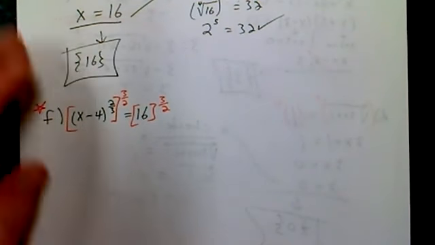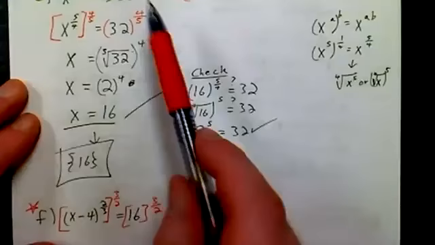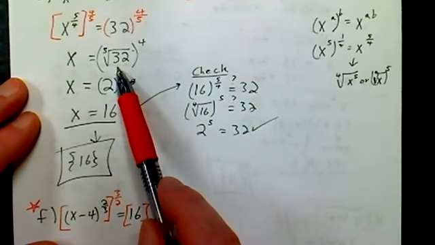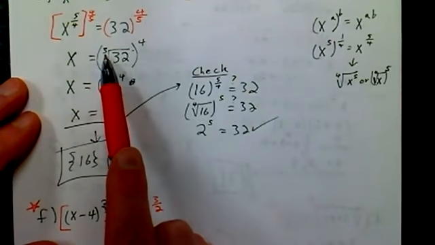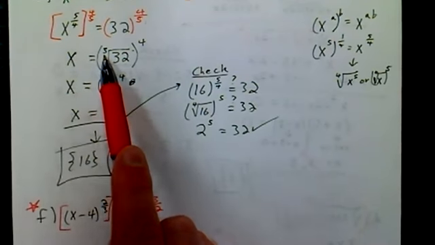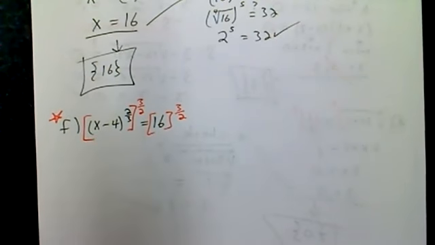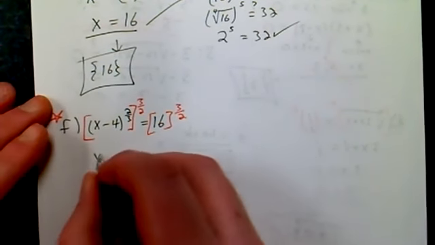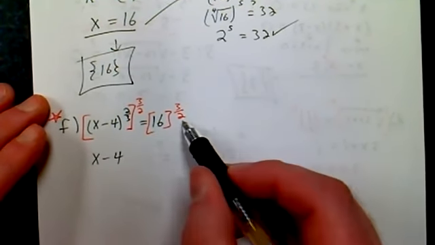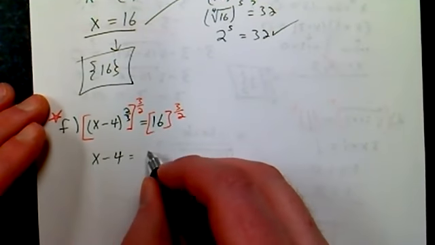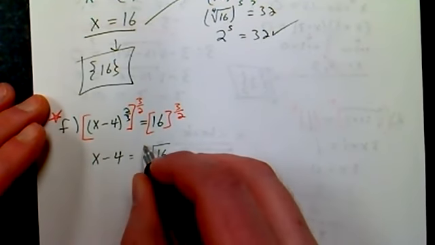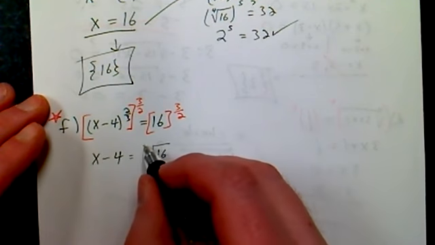Up here, when I raised to the 4/5 power, I was taking a 5th root. If you remember, when you have an odd index on your root, you don't need to put a plus or minus. Here, though, what we're going to end up doing is taking a square root of this. So this is the square root of 16 then to the 3rd power.